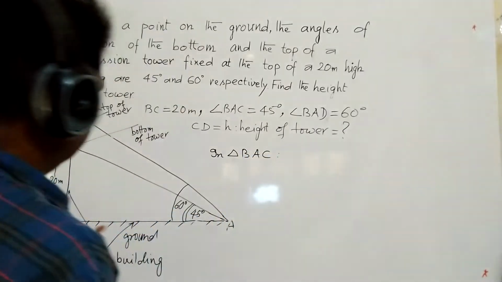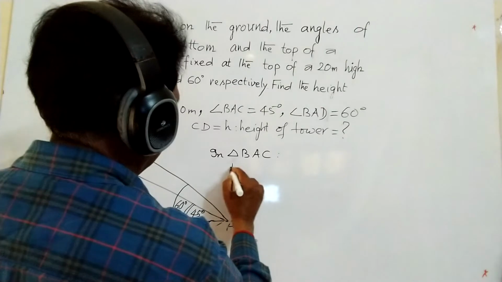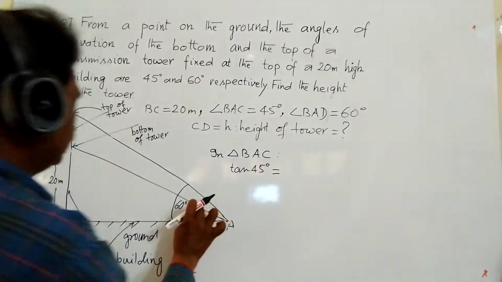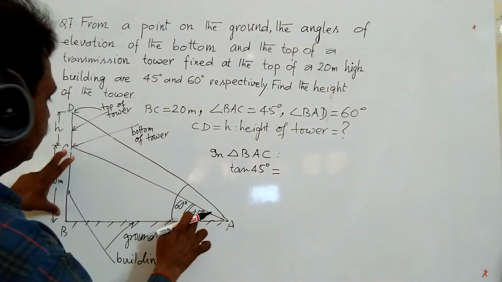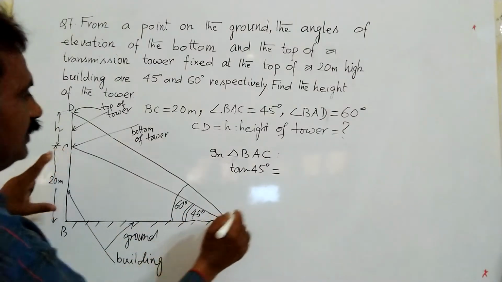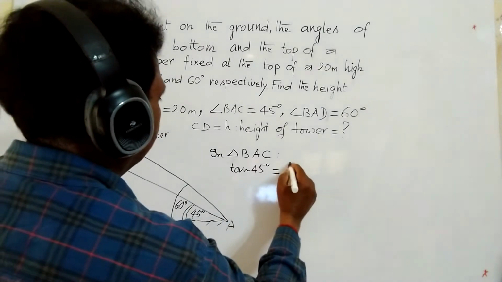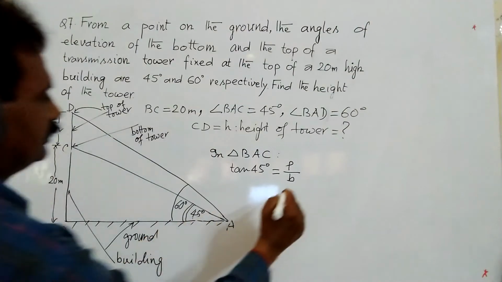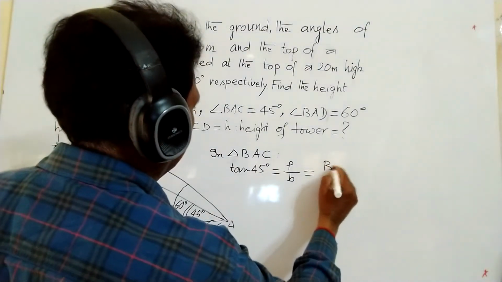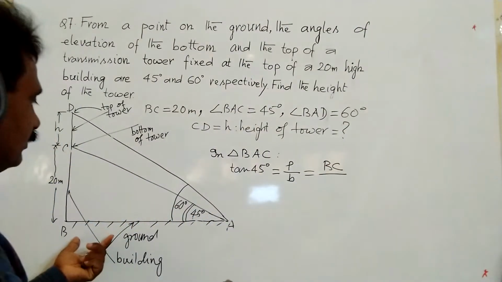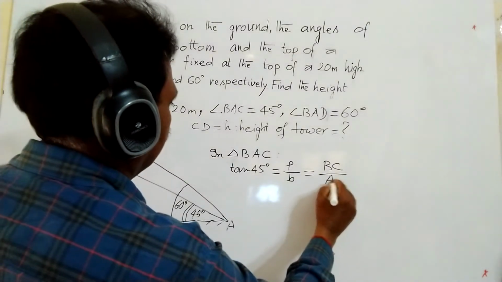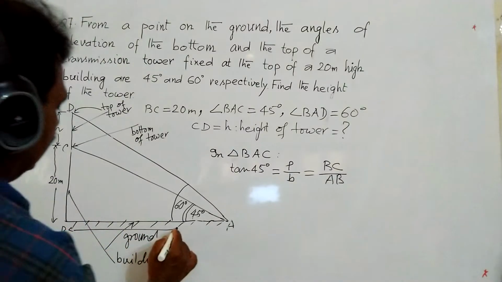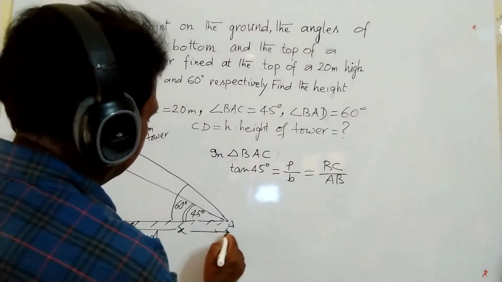In triangle BAC, tan 45, for this angle, is P by B. P is the perpendicular, that is BC, and the base is AB. Let us say this AB is equal to x.